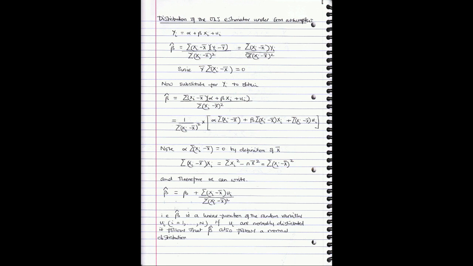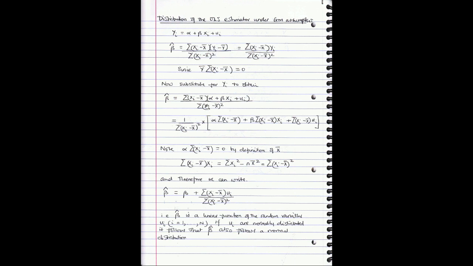And that's because of the definition of x bar as the mean value of x. So I can now take this form here with yi and substitute for yi from the original equation and get beta hat equals the sum of (xi minus x bar) multiplied by (alpha plus beta xi plus ui) divided by the sum of (xi minus x bar) squared.